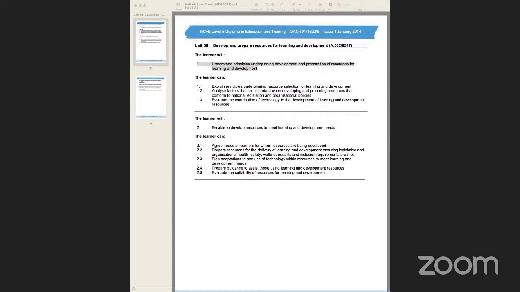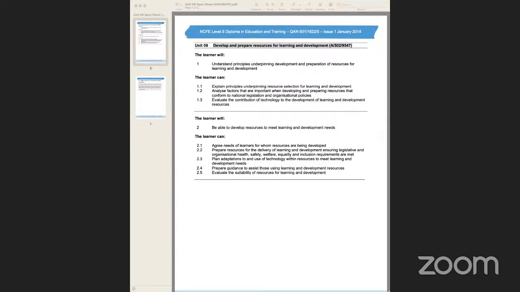So let's start with an understanding of how we look at developing these resources from the point of view of this unit, which is one of the key units when we talk about teaching and learning, especially for this diploma, which is the diploma in education and training at level 5.